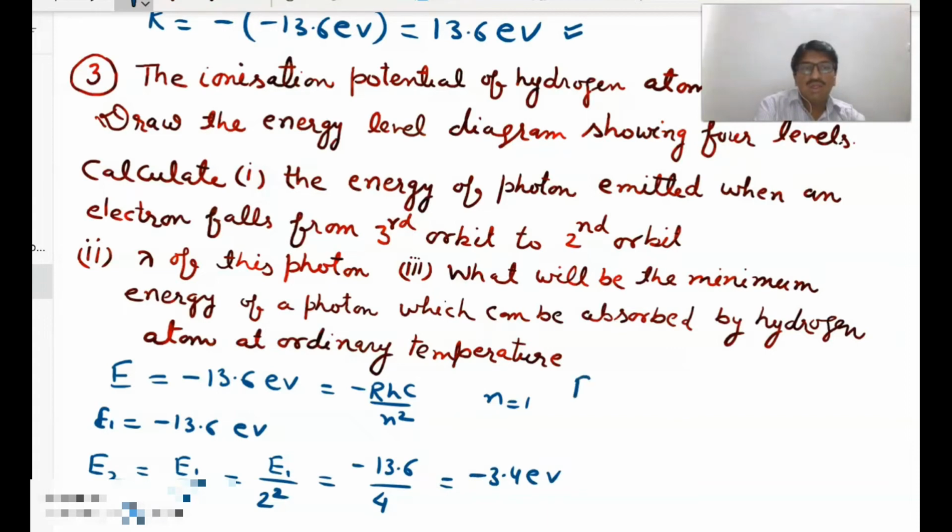And third level energy E3 is E1 upon 3 square, minus 13.6 upon 9, or we can say this is minus 1.5 electron volt.